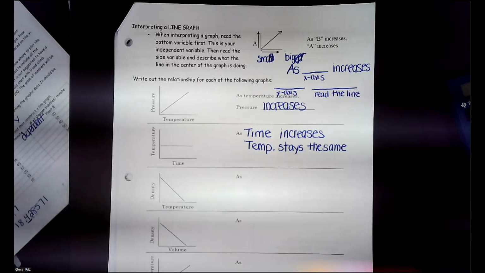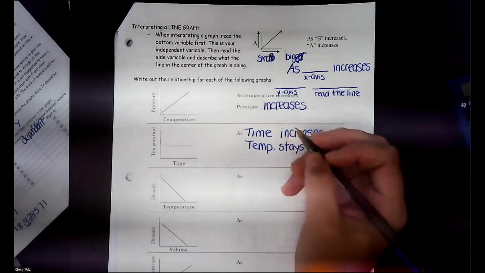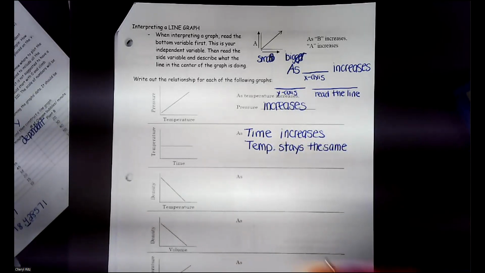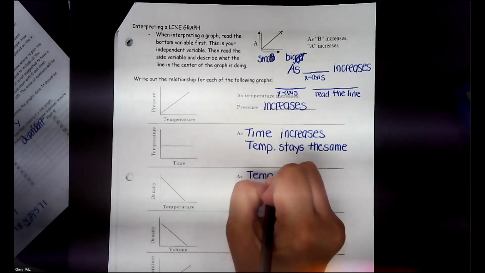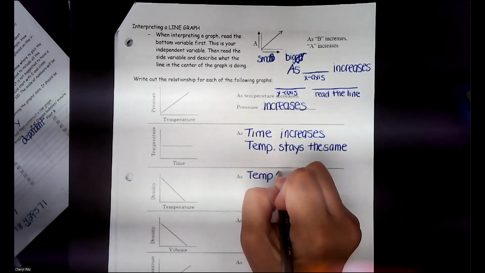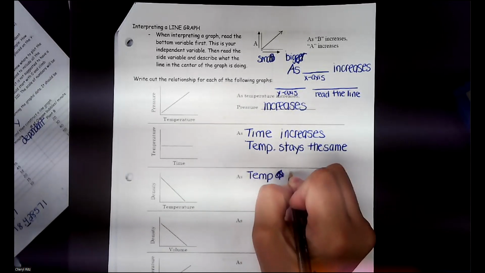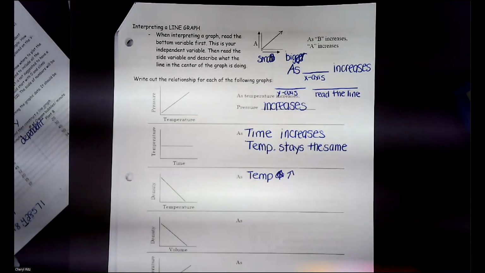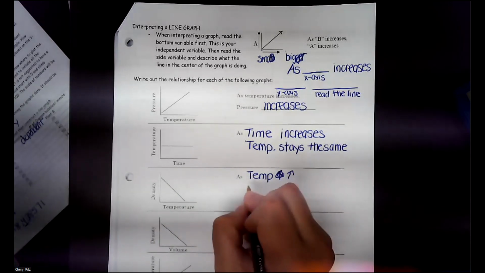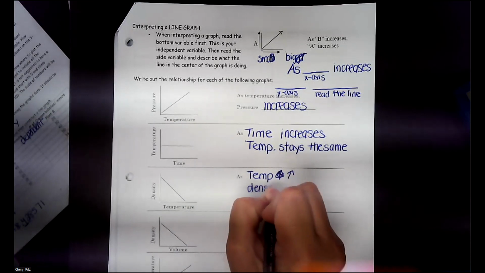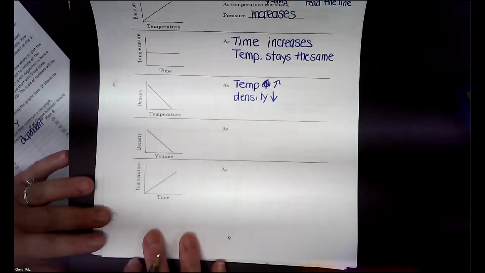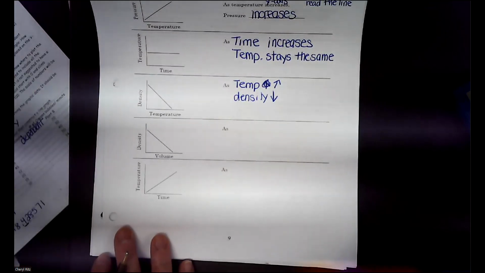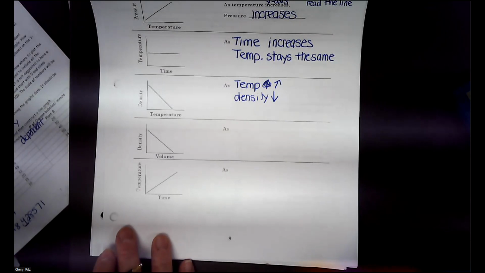Okay, so in this case, what would you write? Phoenix, you had this one, I saw. You got it. As temperature increases, if you want to use arrows, wow, apparently I can't draw an arrow. Maybe I should just write it. As temperature increases, density decreases. Did you already finish the other two? I'll give you 30 more seconds because a couple of you didn't.